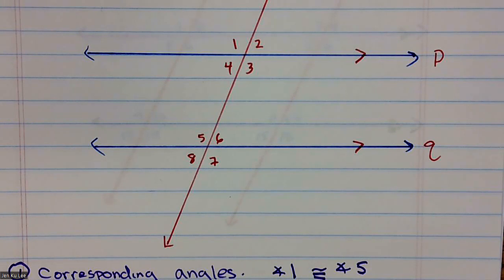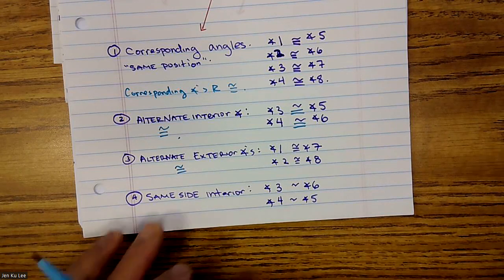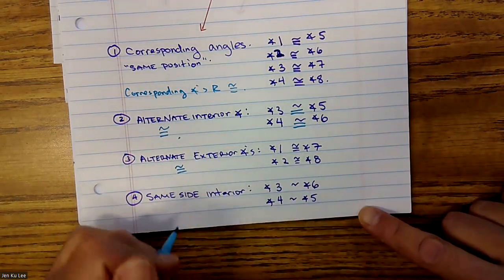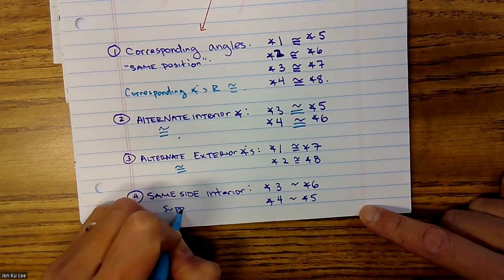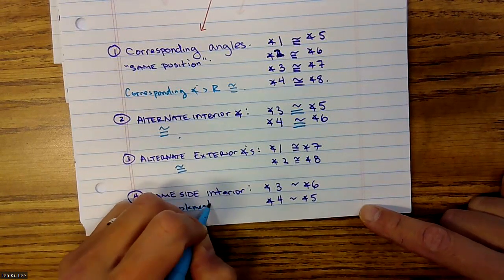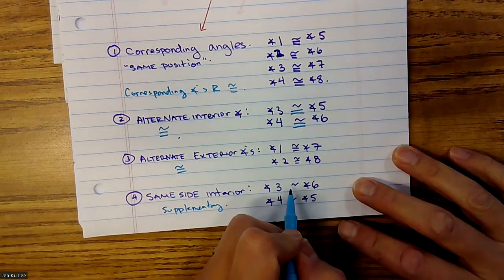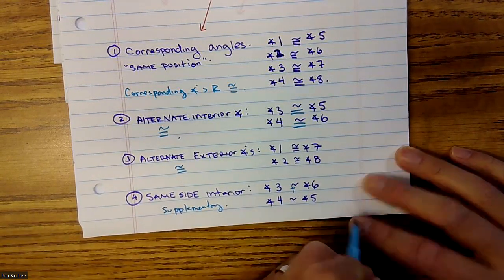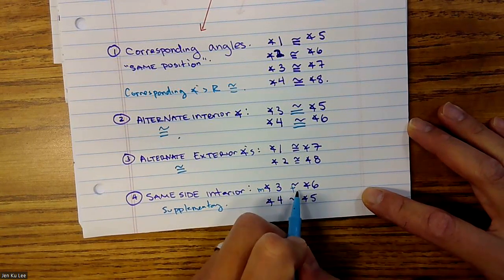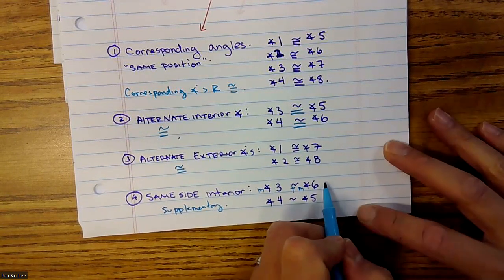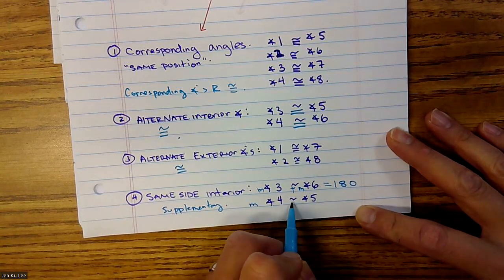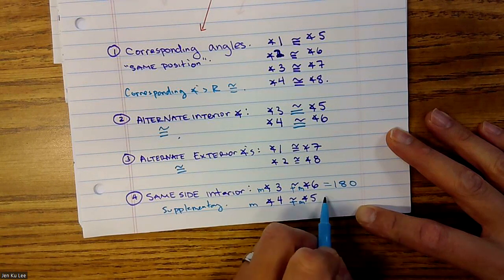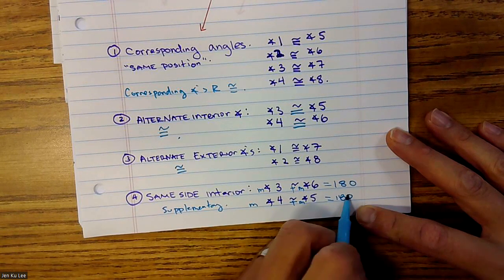Tell me the relationship. The relationship that same side interior angles have is they are supplementary. So I can say measure of angle 3 plus measure of angle 6 equals 180, along with measure of angle 4 plus measure of angle 5 equals 180.